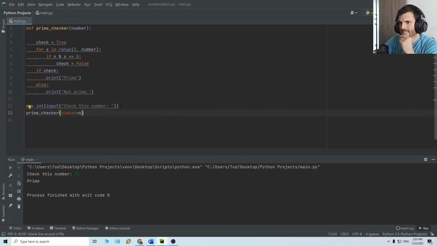Right? So if our number divided by the list of numbers equals 0, the remainder, the check is false. It's not prime. Otherwise, it's prime.